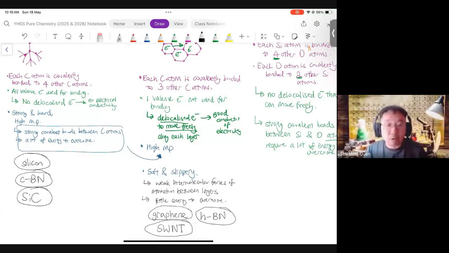You will need to know that there are other substances which have a graphite-like giant molecular lattice. Some substances have a diamond-like giant molecular lattice. How about silicon dioxide? There are also other substances similar to silicon dioxide in terms of bonding. Okay?